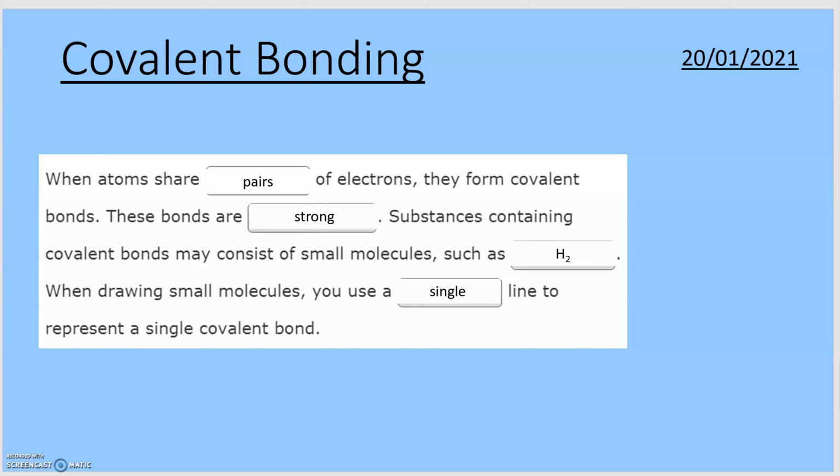They often form smaller molecules, and like I said to you, a single line represents 1 pair of electrons being shared. 2 lines is a double bond, and 3 lines is a triple bond, which we demonstrated using nitrogen. You can also have different elements. They don't have to be the same, as long as they're both non-metals.